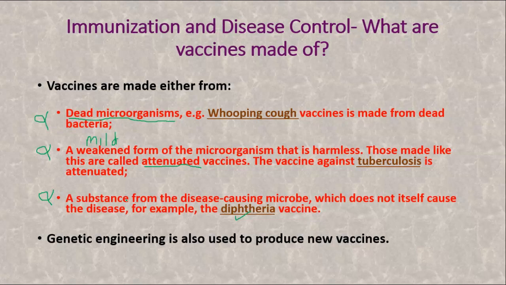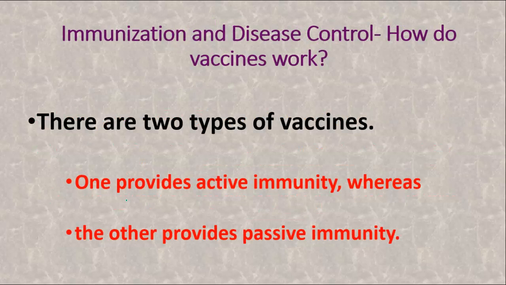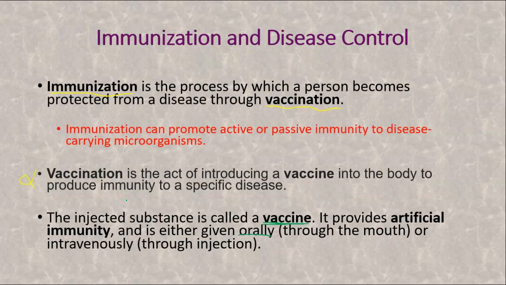Okay, great. Now, there are two types of vaccines, and we're going to look at how vaccines work. One type of vaccine provides active immunity, while the other one provides passive immunity. And I stated that in the previous slide, in this first slide on immunization and disease control, where I stated that immunization can promote both active or passive immunity to the disease-carrying microorganism.